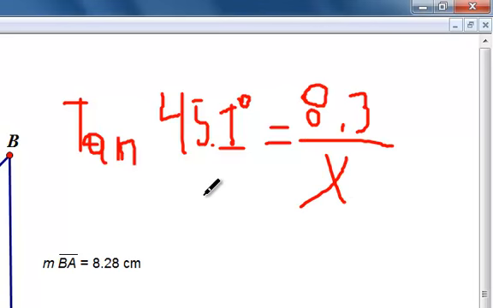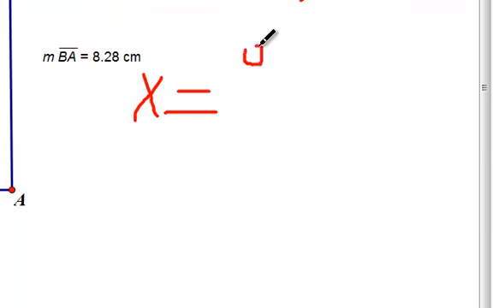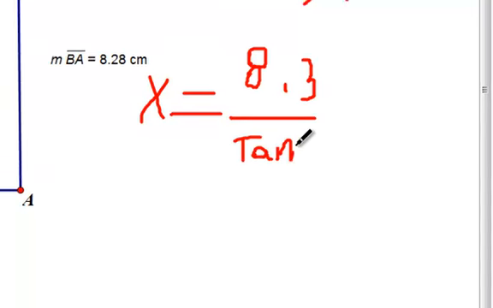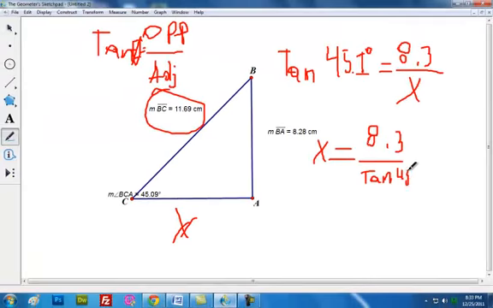Then we can just multiply both sides by x and then divide by tan 45.1 degrees. So we got x equals 8.3 over tan 45.1.